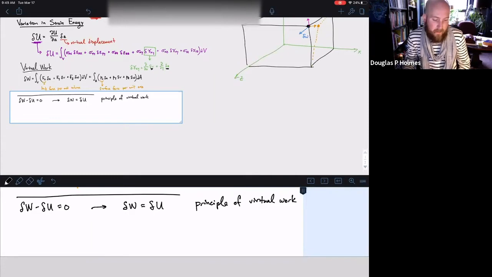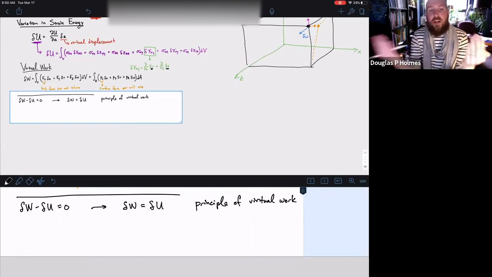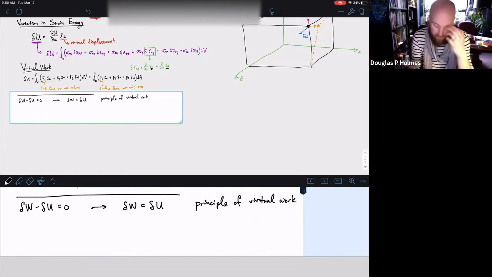Something that connects this is the idea that essentially we need to minimize the total potential energy. So the total potential energy is going to be the strain energy minus the work being done.